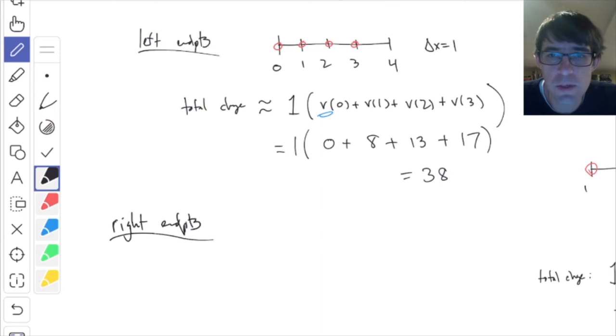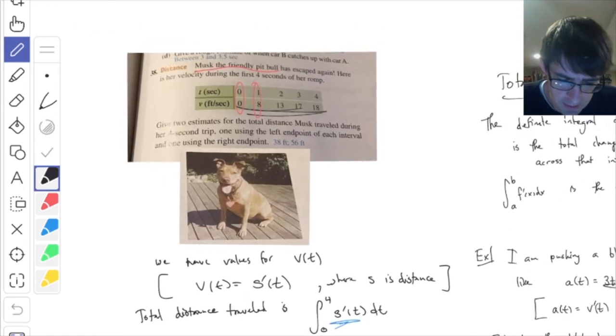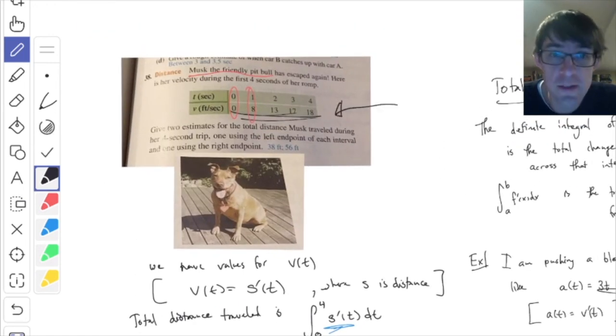Especially in a financial or business setting, if you're looking at stock prices every day, they don't obey any kind of formula. They just change every day in some weird way. All you get is lists of numbers like this. This is very realistic to how things work in the real world.